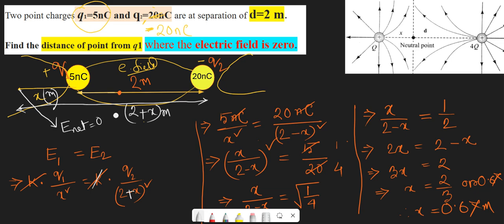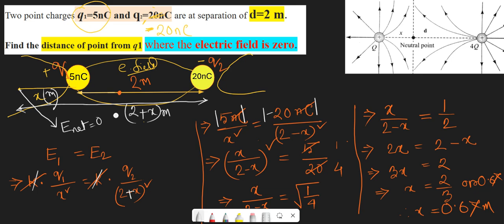Now obviously same as before, K is cancelled out, and let's plug in the values of Q1 and Q2. So this is 5 nanocoulomb inside the modulus. Inside the modulus, the negative sign has no impact.